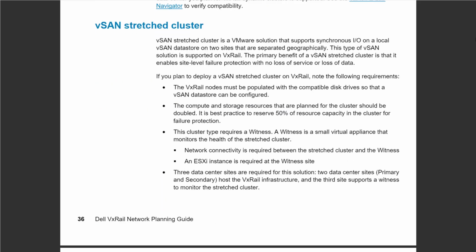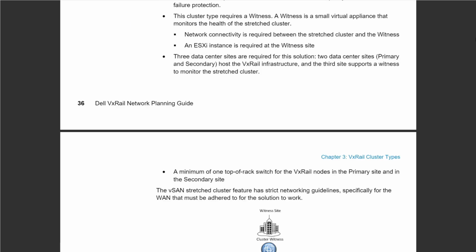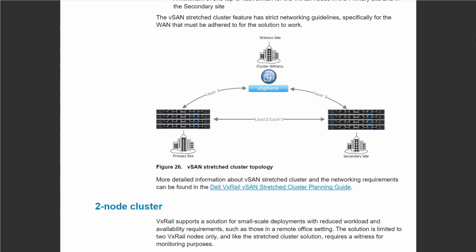The next type of cluster is called the stretched cluster. As the name indicates, a stretched cluster is a cluster stretched across two physical locations, with the need of a third physical location to place the witness. There will be something like, I can't remember exactly, 6 or 8 slides about stretched clusters on day 3 or day 2.